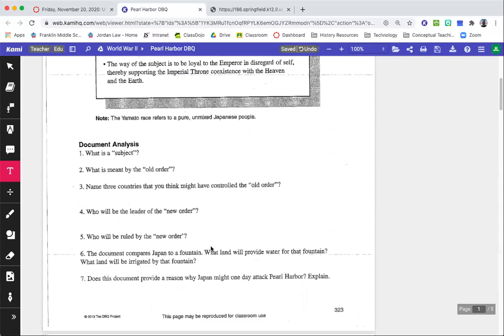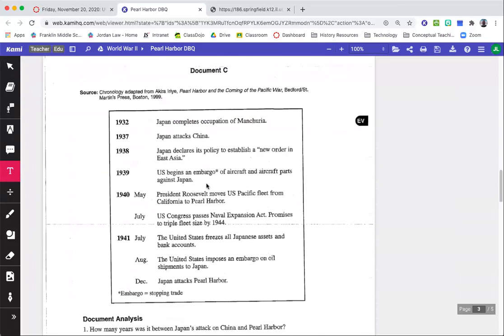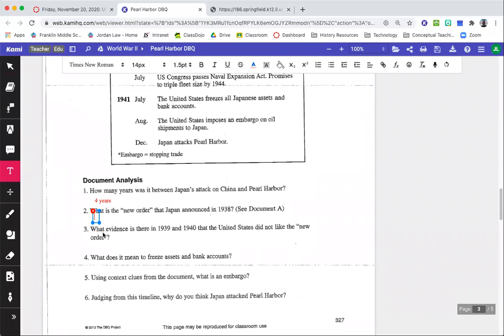And again, that's something that we can revisit here. This is something that the world, or at least Asia, this is where Japan sees itself as the country that will control at least Asia.